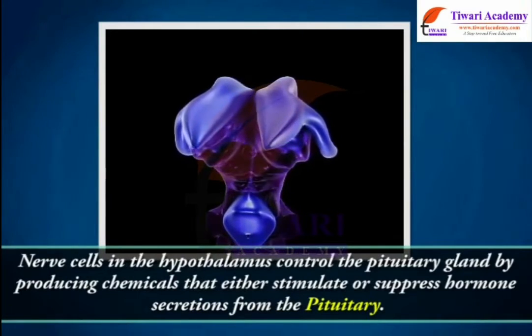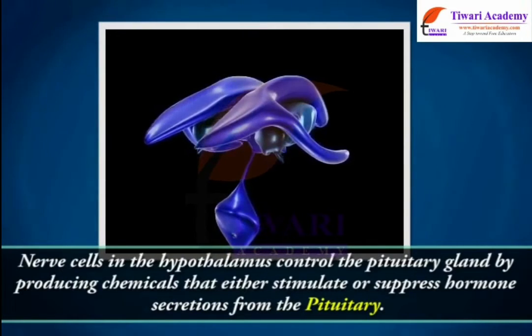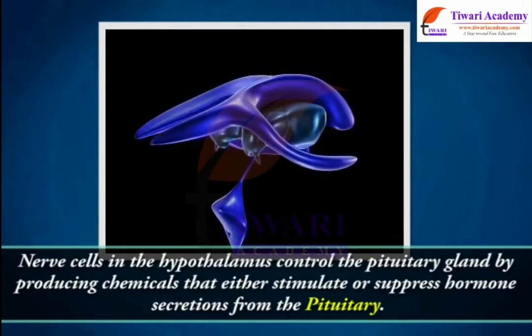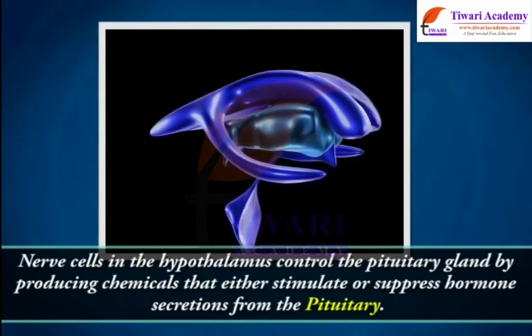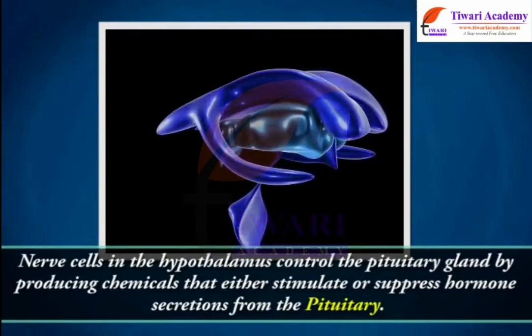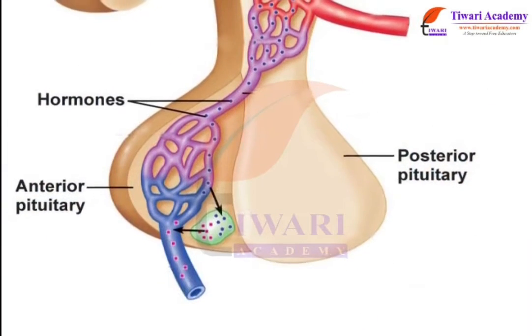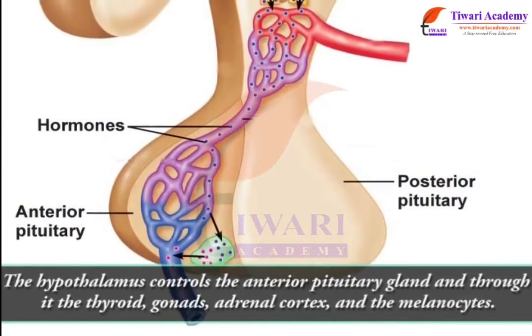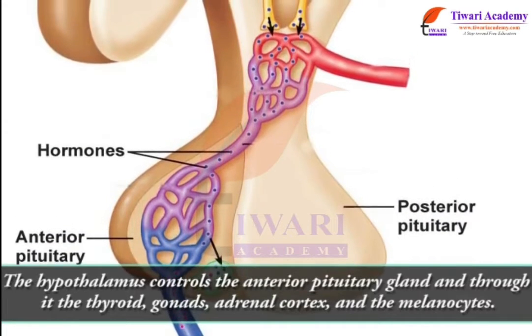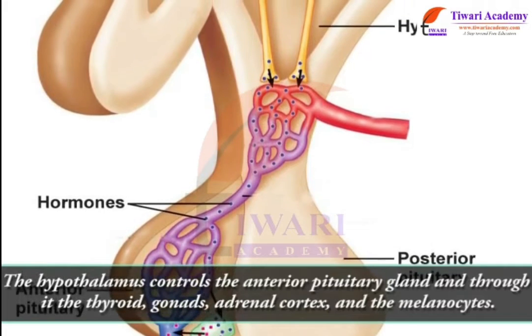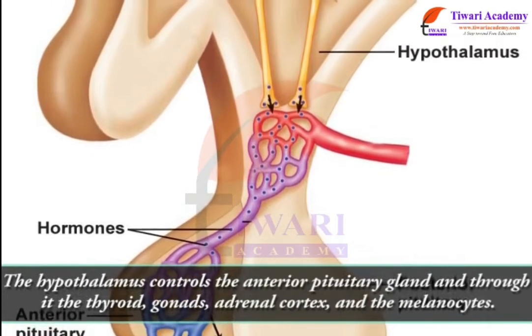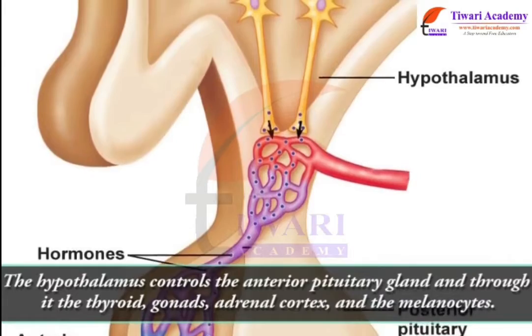Nerve cells in the hypothalamus control the pituitary gland by producing chemicals that either stimulate or suppress hormone secretions from the pituitary. The hypothalamus controls the anterior pituitary gland and through it the thyroid, gonads, adrenal cortex and the melanocytes.